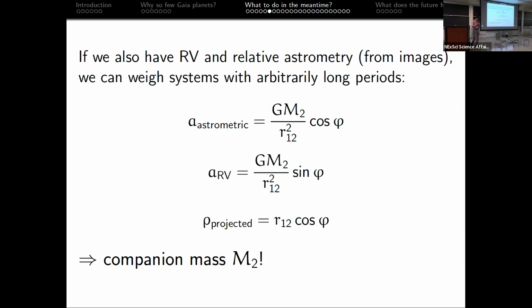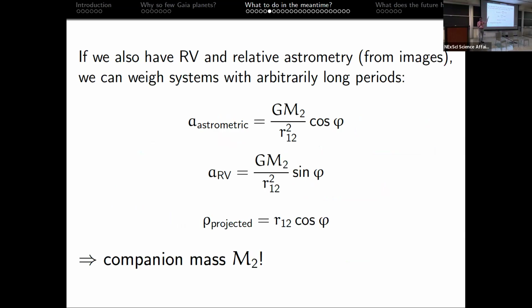Okay. Now, if I have all of those ingredients, which I do for some planets and brown dwarfs, then something remarkable happens. If I just ask about Newton's law of gravity, it's GM over r squared. Radial velocity measures one component of that along the line of sight.